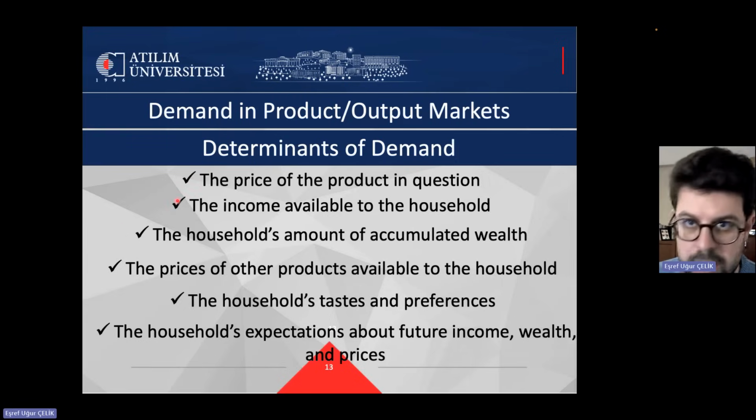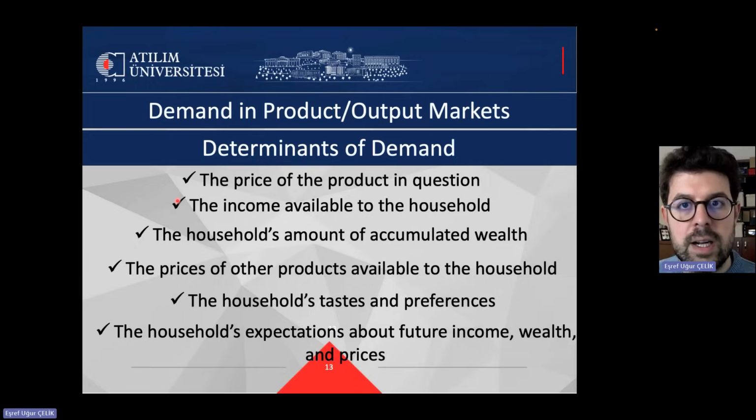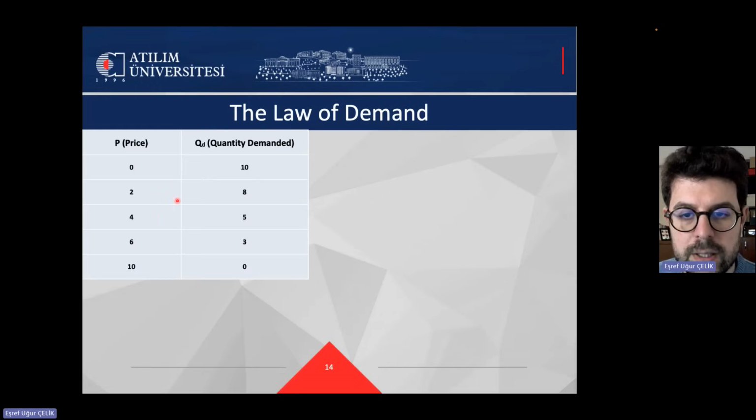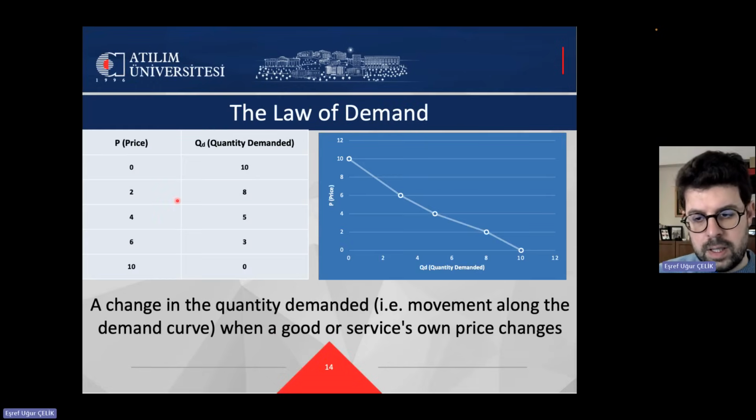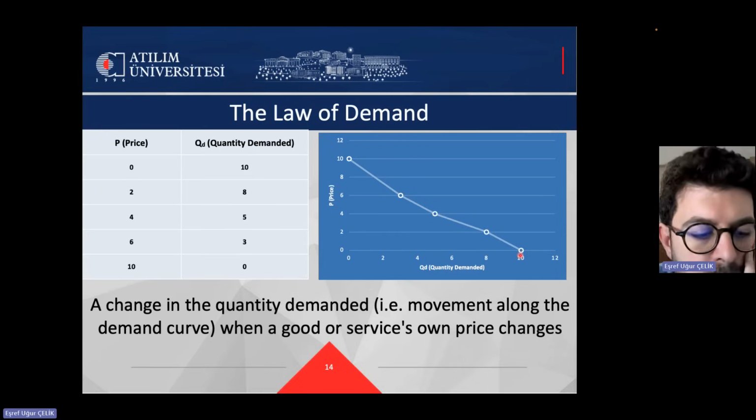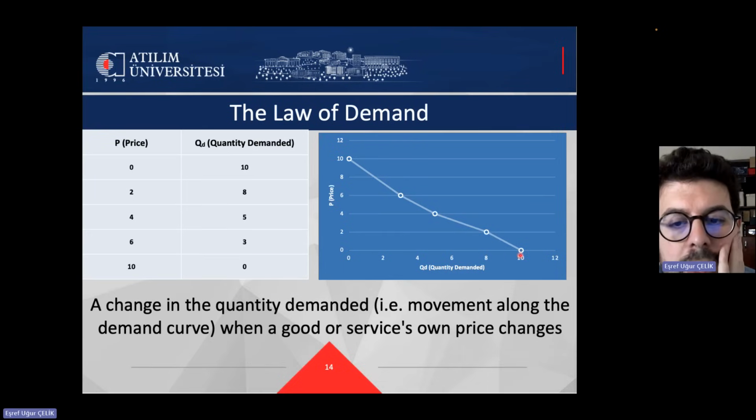Let's look at the detail starting with the law of demand. That is the demand curve, my friends. And what we see over here is the negative relationship between price and quantity demanded. That negative relationship is called the law of demand.